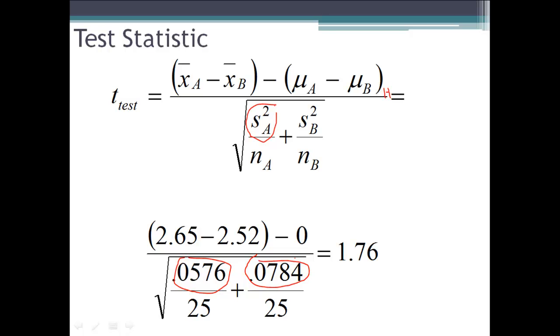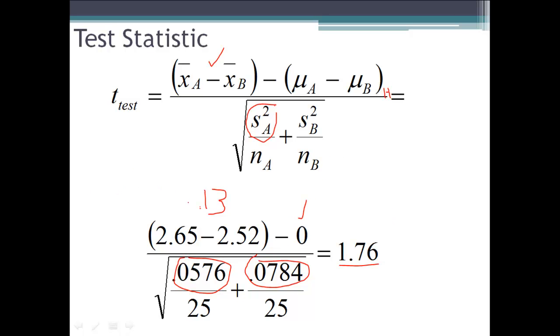And that all comes up to be 1.76, which means that this statistic, the difference between the two sample means, and really it might be better here, I've done this 2.65 minus 2.52, to think of that as one number, 0.13, just the difference, minus the hypothesized difference, which will always be 0.